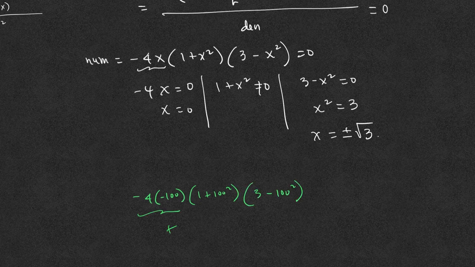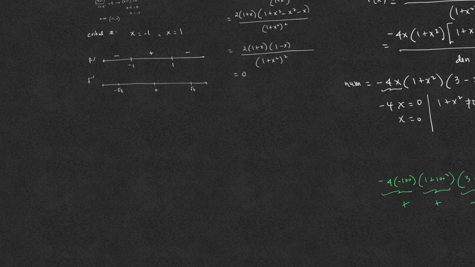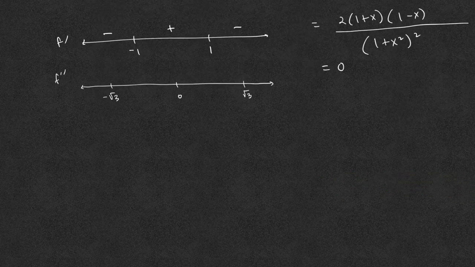The first part is positive, this is always positive, but this is negative. And so the positive times negative is negative. And so in the interval from negative infinity to negative root 3, the sign of f double prime is negative.